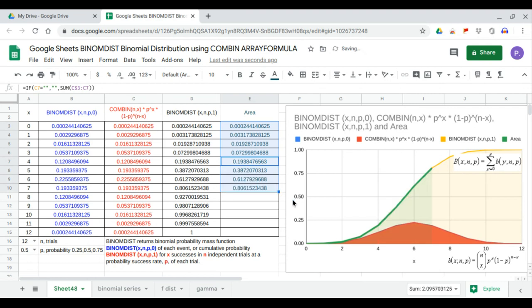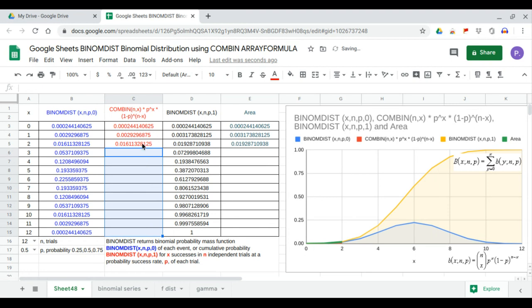You'll notice the green line measures the area under the bell curve. As we go farther, it also approaches 1. If I delete a portion of the bell curve, I will have three columns of shaded area.